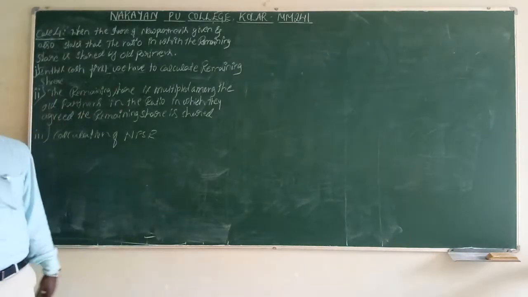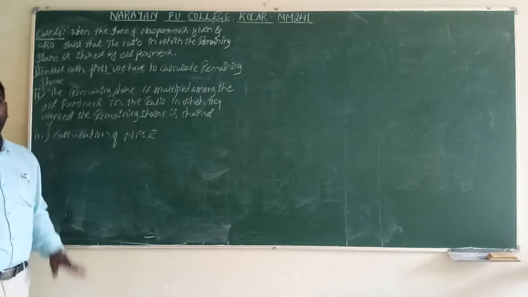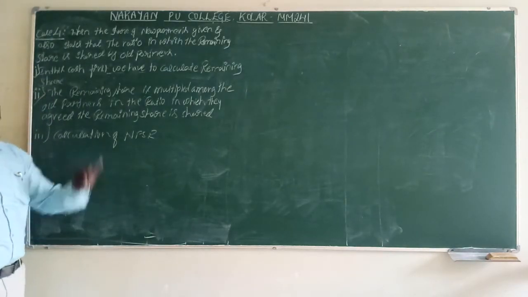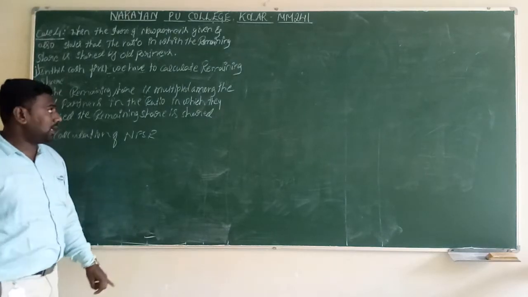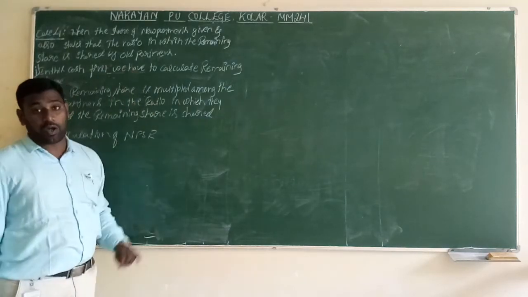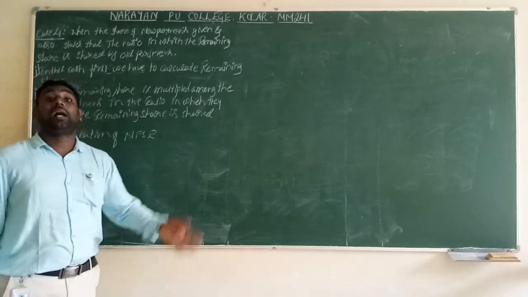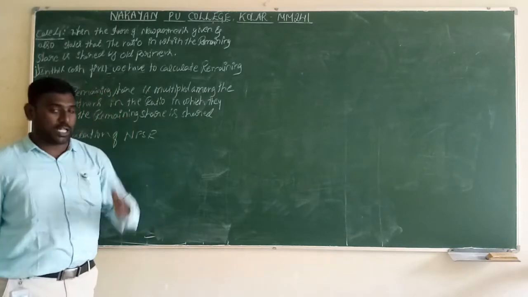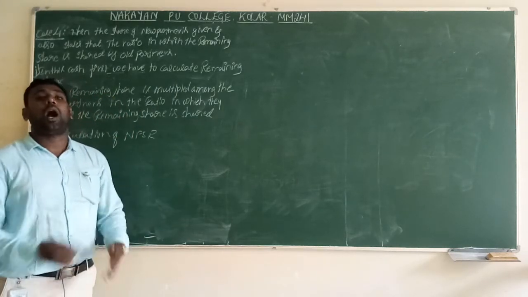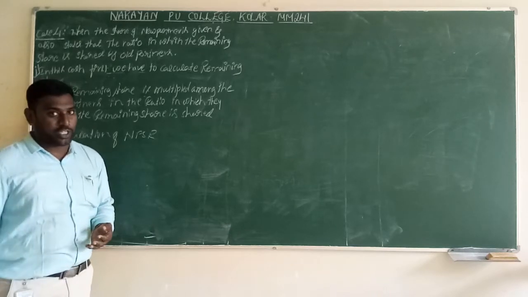This is related to case number 4. In this case, the old ratio is also available. The new partner share is also available. Instead of that, the agreed share is also given. During that time, how to calculate the new profit sharing ratio?